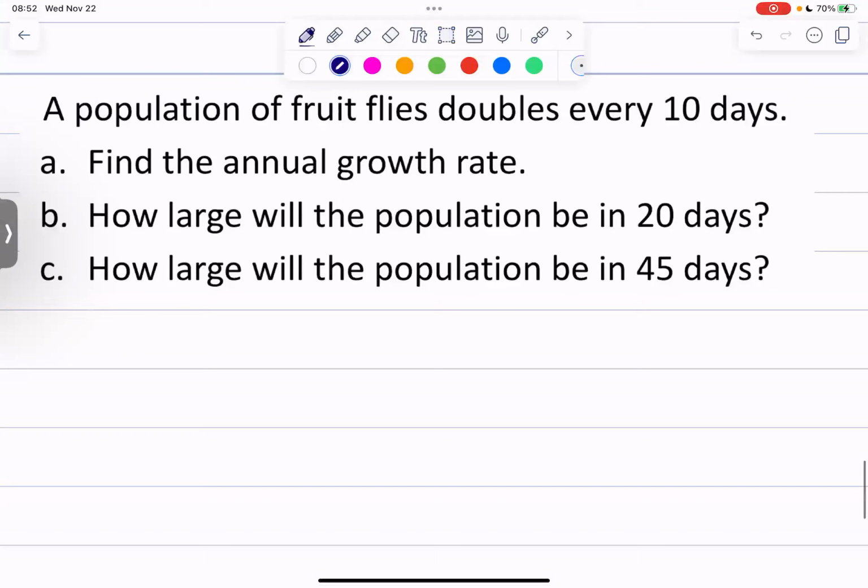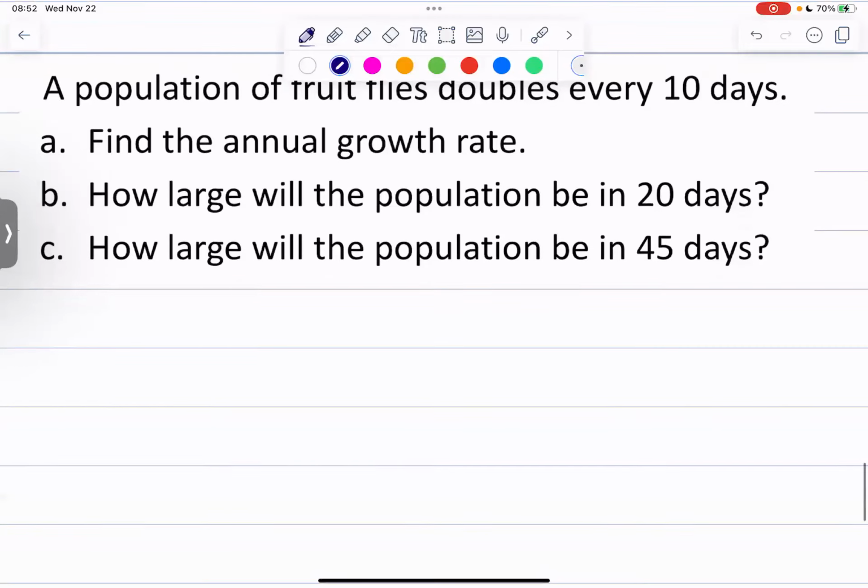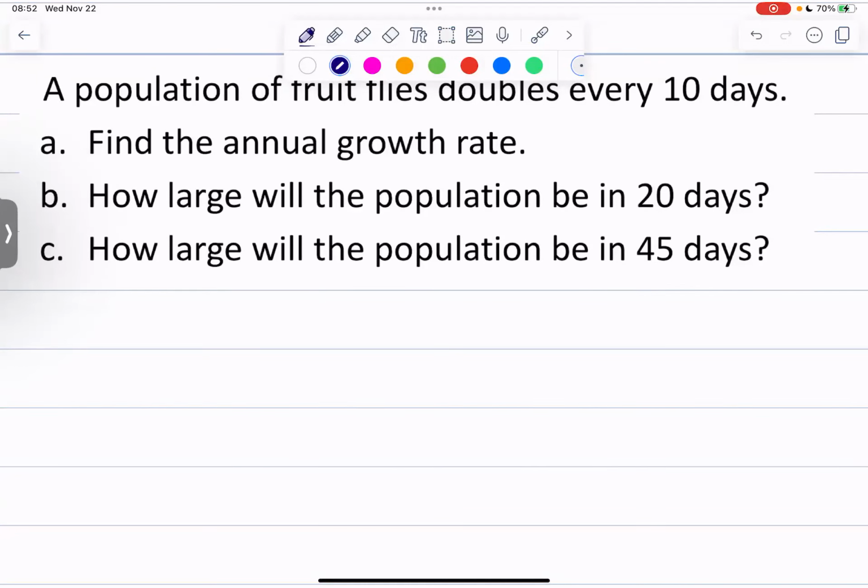A population of fruit flies doubles every 10 days. Same deal. I'm going to assume continuous growth, and we want to find K. Sorry, R, because it's growing.